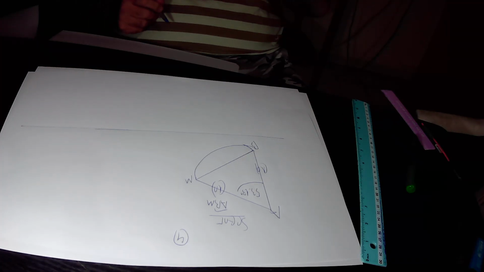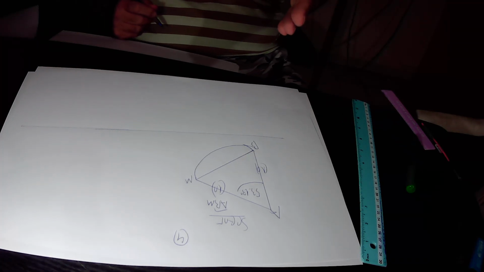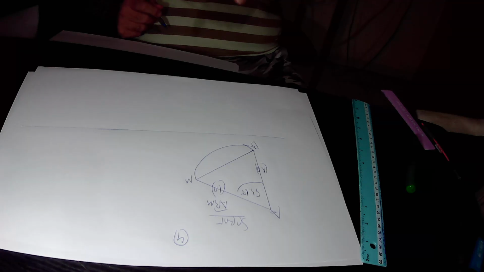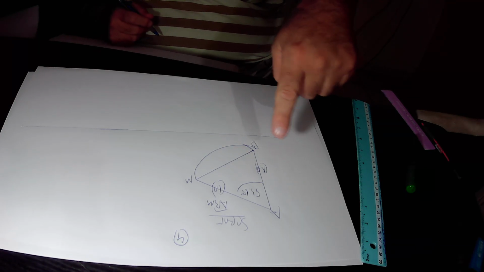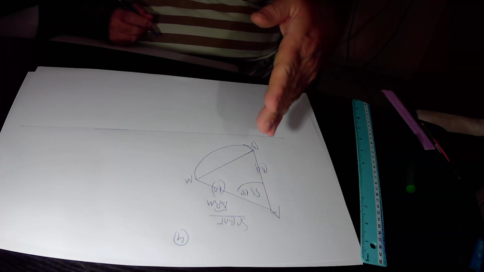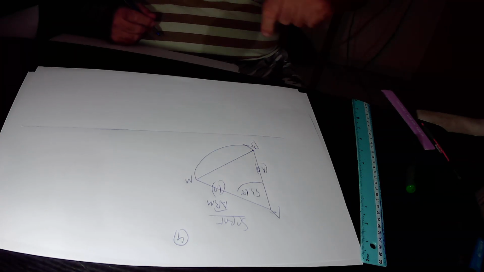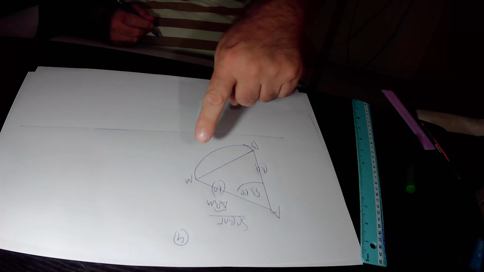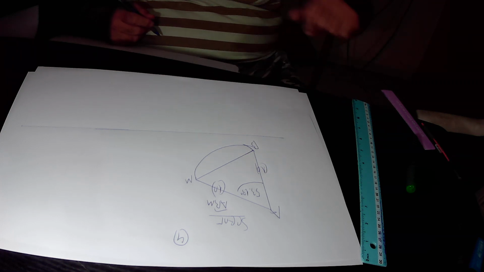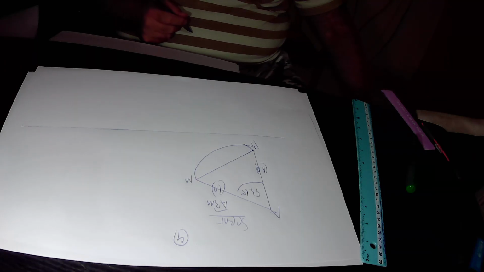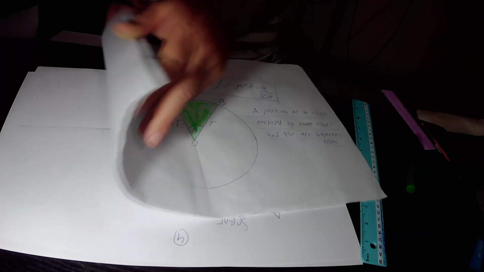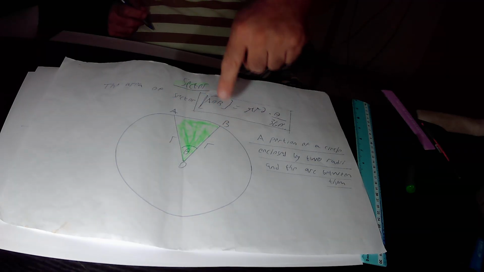So what is a sector? A sector is a portion of a circle with two radii, AB and AM, which are the radii of the quarter circle, and the arc that is enclosed between the two radii. Again, the green shape AOB is a sector.